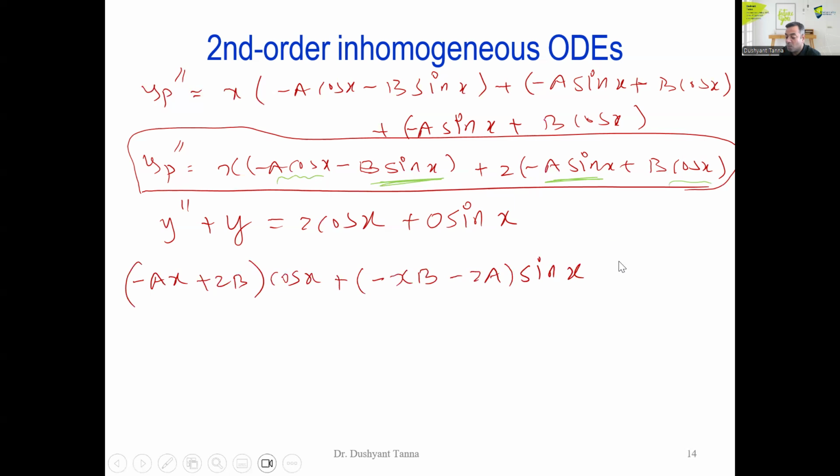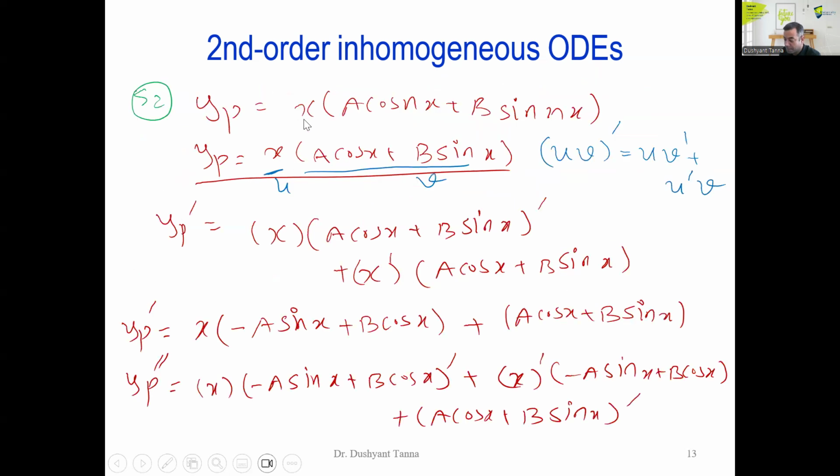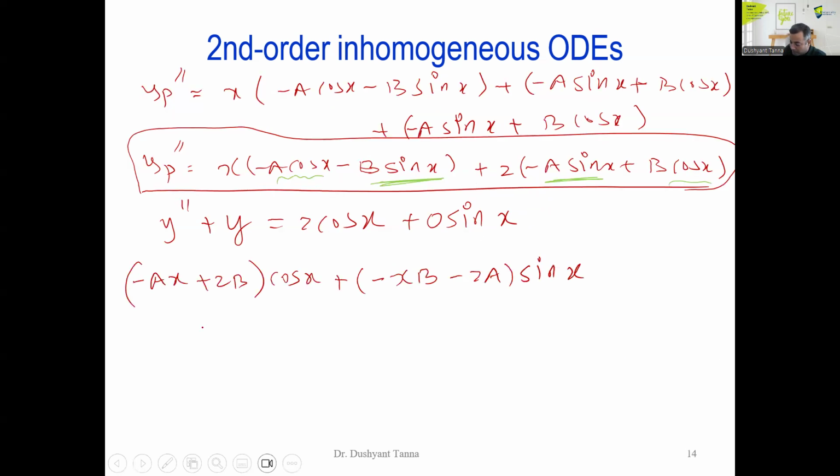Okay. I still have Y. What is my Y? X, A cos X plus B sin X, right? So I'll write AX cos plus BX sin is 2 cos X, 0 sin X.